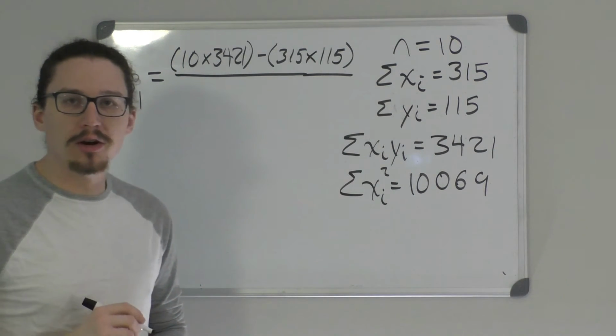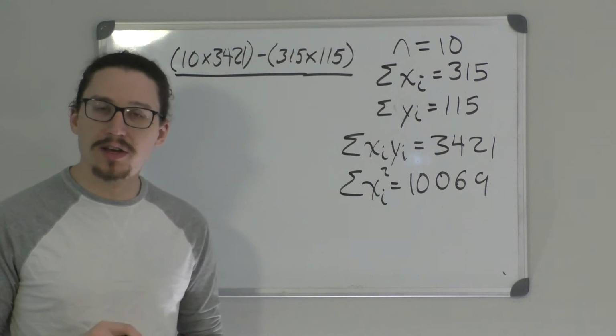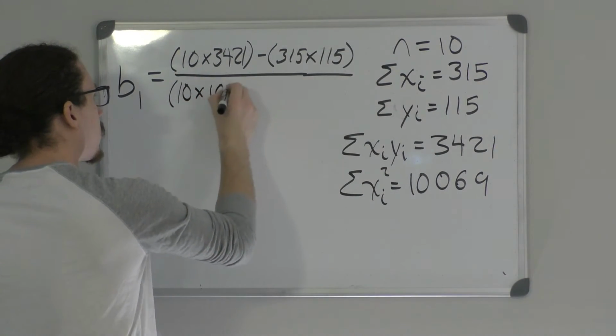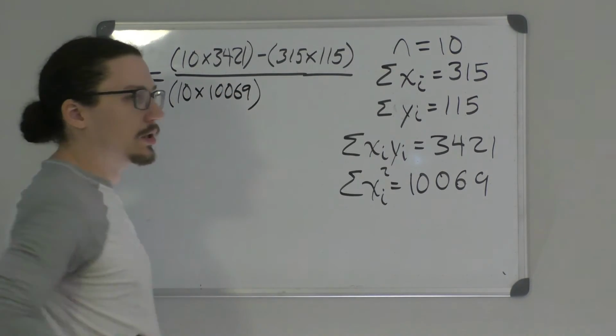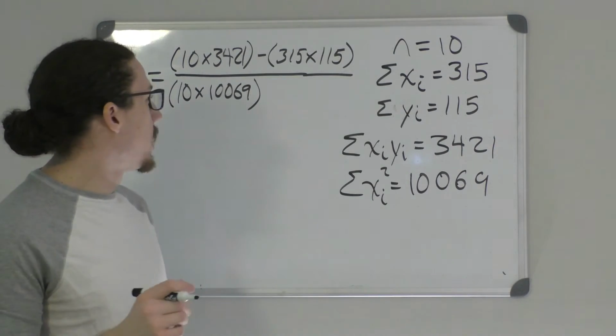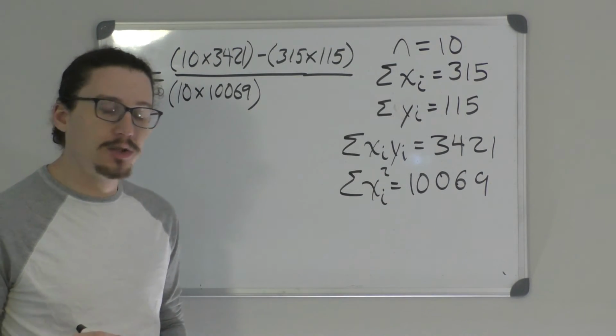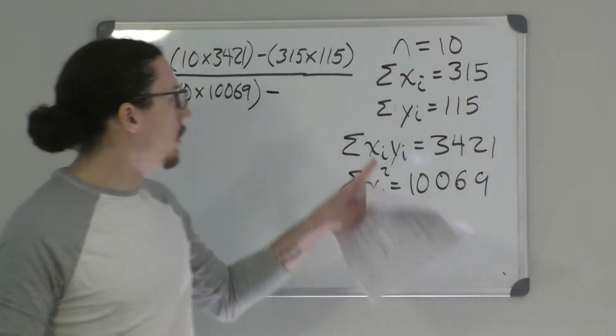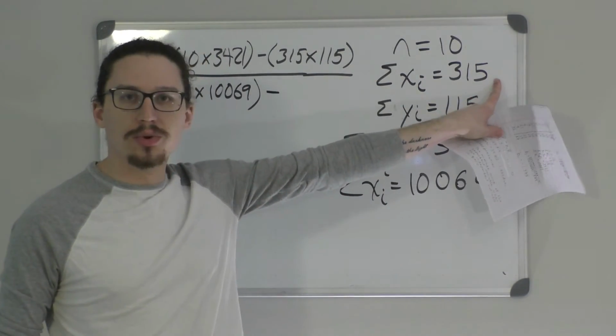All right, in our denominator, our first term is 10 times the sum of xi squared. So 10 times 10,069. And then we're going to subtract from that the square of the sum of xi. We know that the sum of xi is 315.